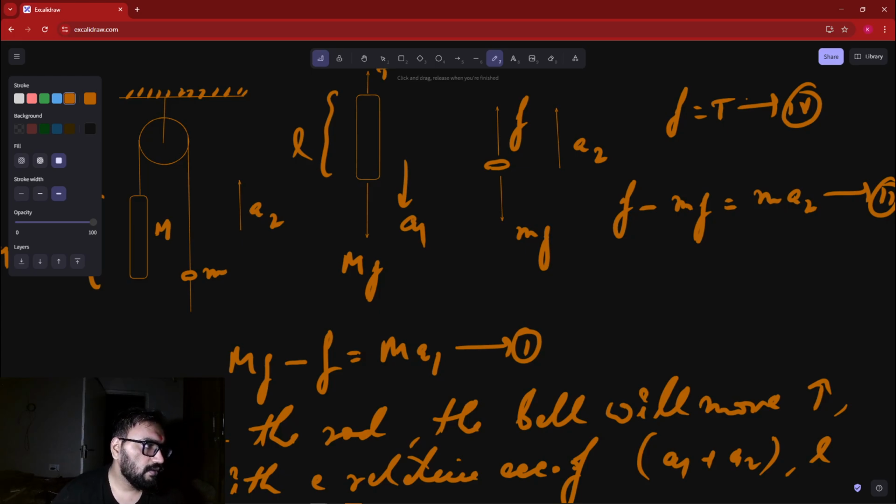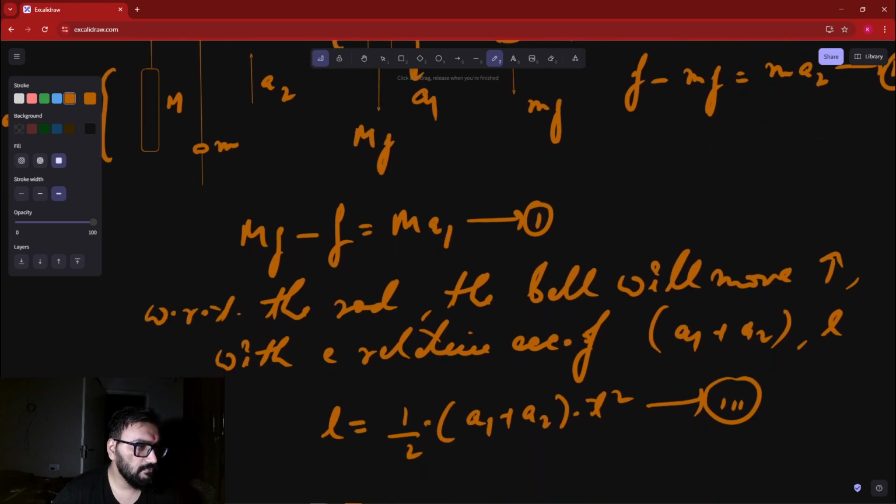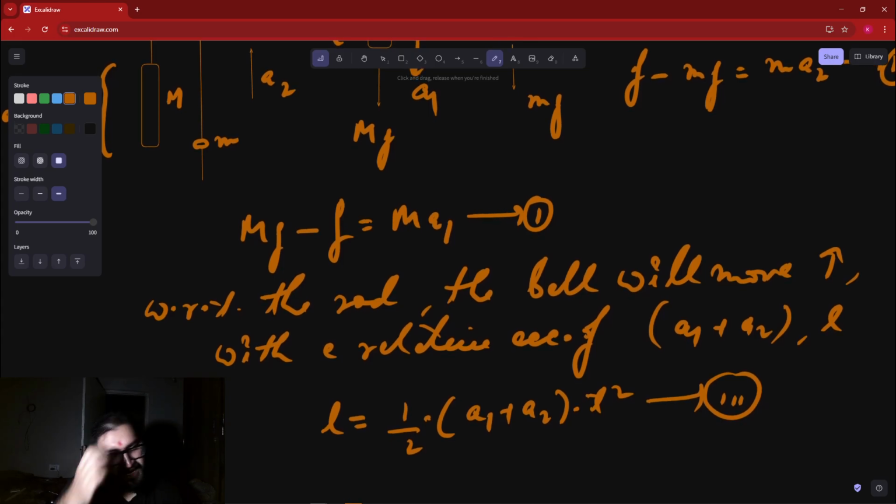Okay, so let's add these two equations, right?